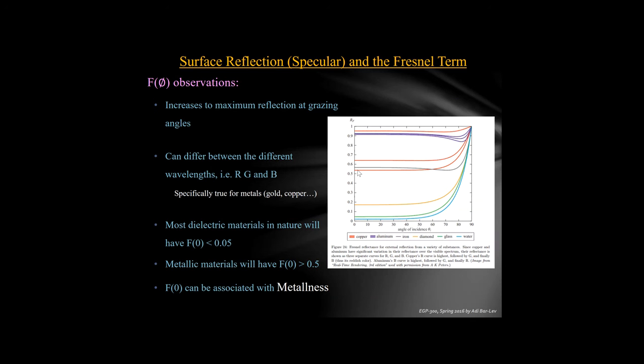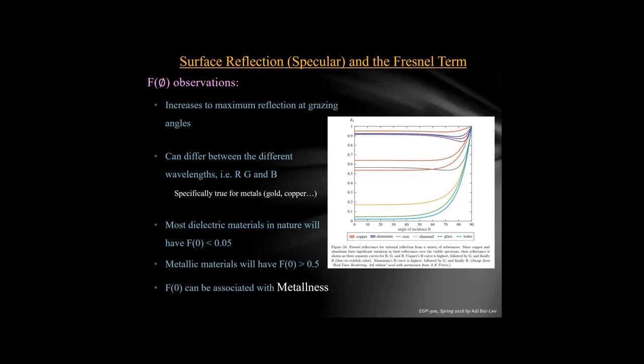And so each one of the components will have a different F0, which is really an interesting result. And so, for example, gold will give you the comprehension that the color is really around orange. And so this is really the explanation for that.